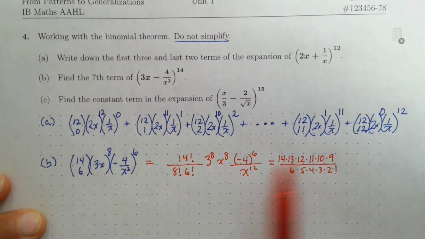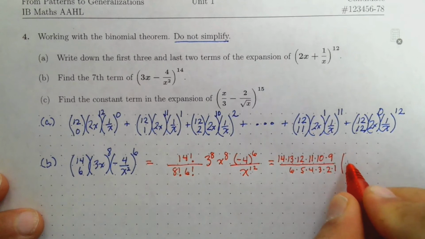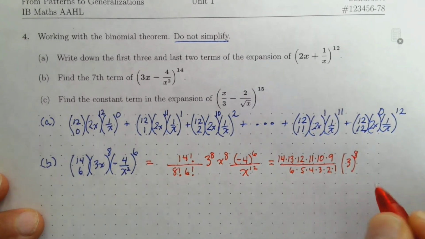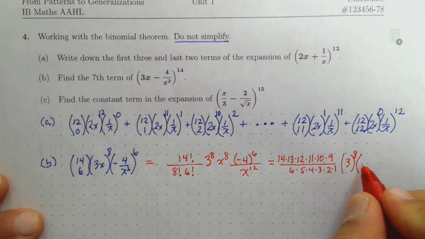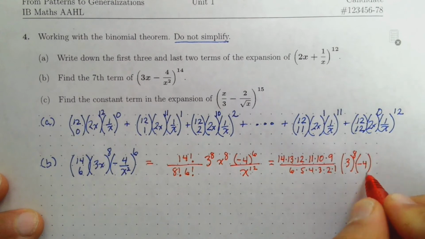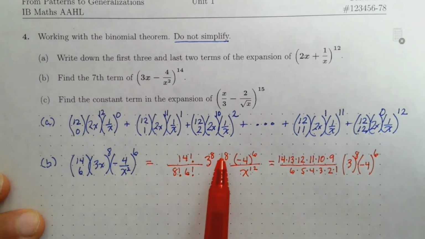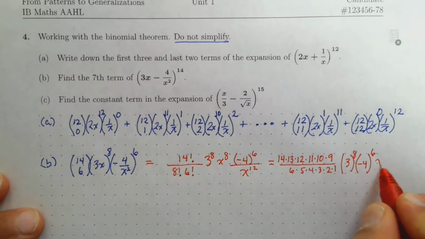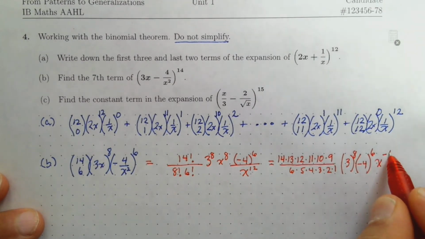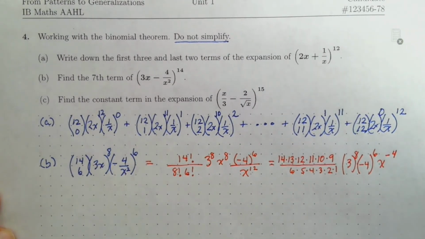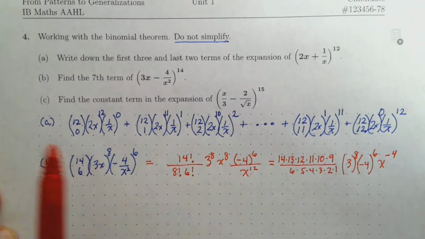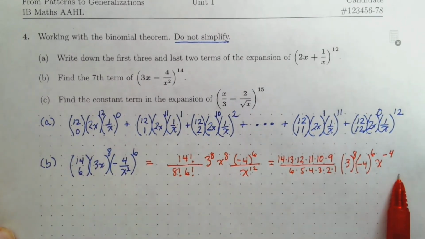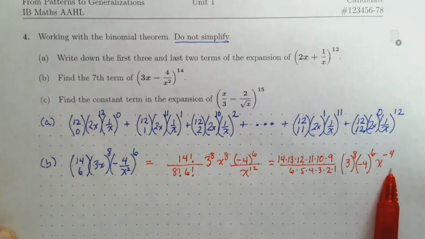The 8 factorials there will cancel. And then I'm going to have a 3 to the 8th power, and that negative 4 to the 6th power, and then x to the 8th and x to the 12th. That would leave me with an x to the negative 4th power. So this isn't fully simplified, but we see how we could take that information out further.